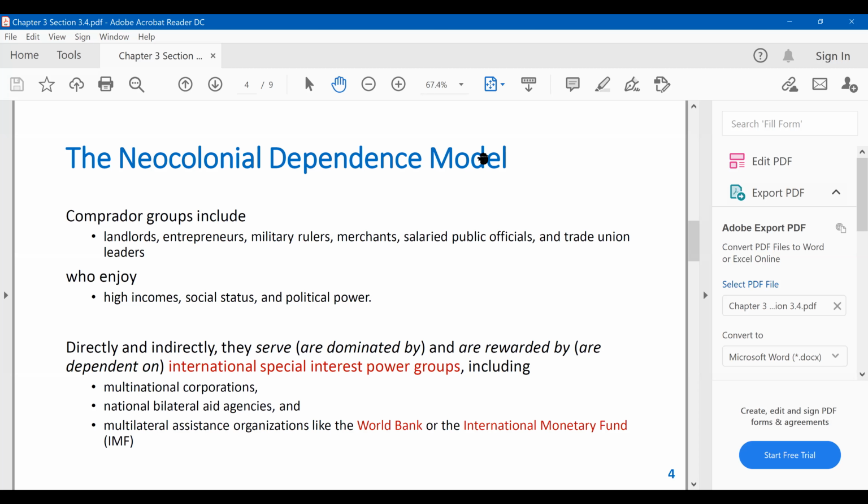Again, this is not to say that if you're an entrepreneur in a developing economy, then you become part of the comprador group. No, you have to have, of course, these relationships. But for instance, we have trade union leaders here. So in many countries, you see that those are elites themselves, and they enjoy good lives. Some public officials, yes, of course.